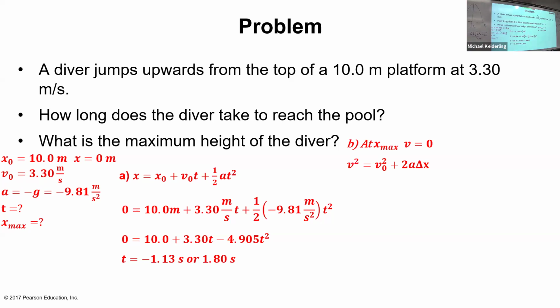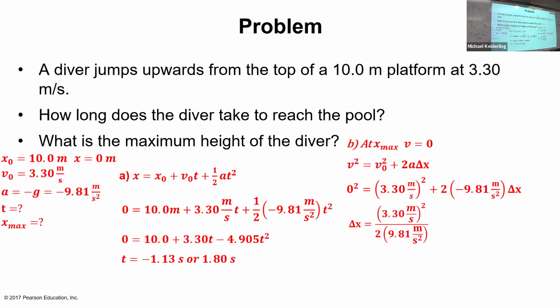So v squared equals v naught squared plus 2a delta x. 0 squared equals 3.3 meters per second squared plus 2 times negative 9.81 meters per second squared times delta x. A little bit of algebra, you get 3.3 squared divided by 2 times 9.81, and that equals delta x.